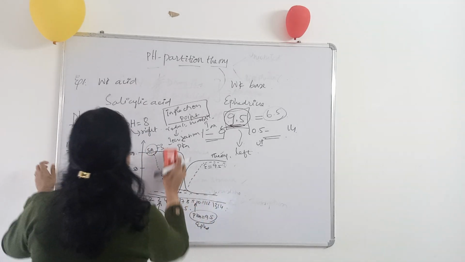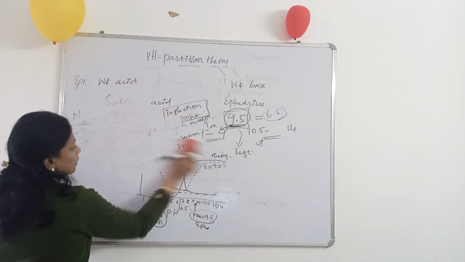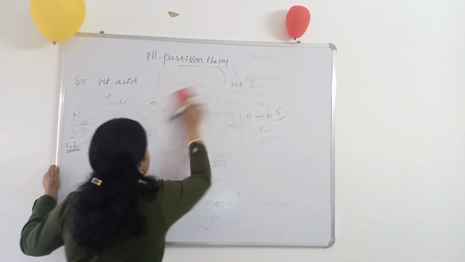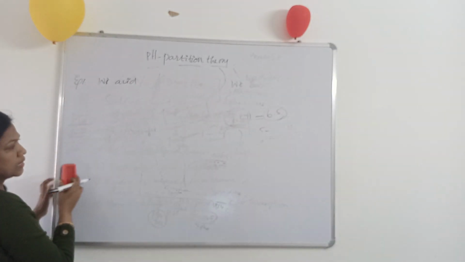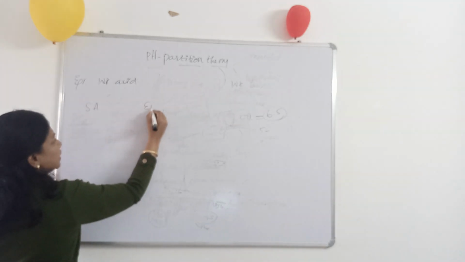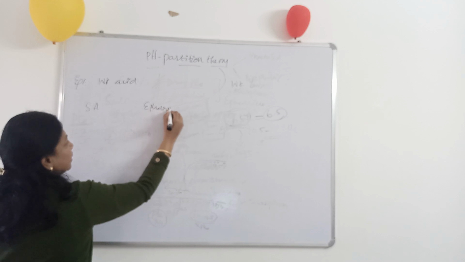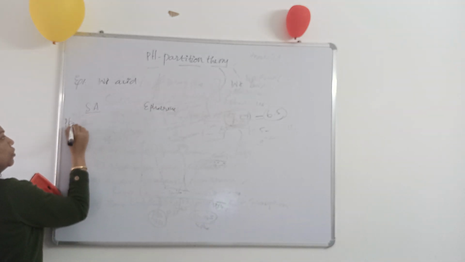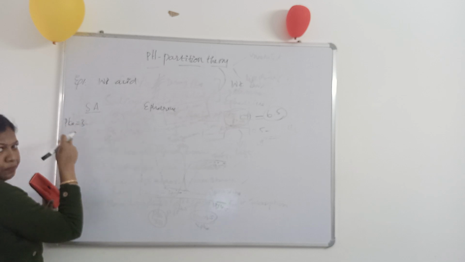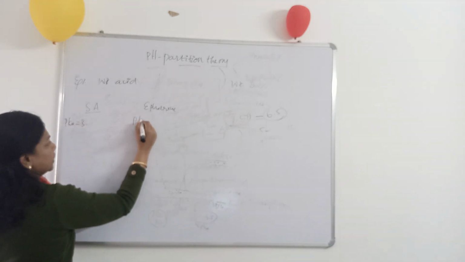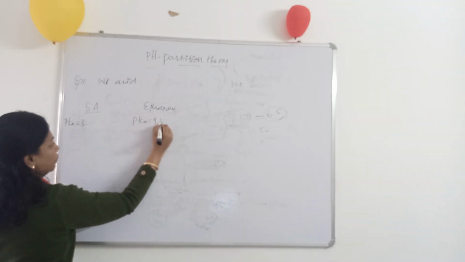So summarizing the theory, we have taken the example of a weak acid and a weak base. For the weak acid we have taken salicylic acid, and for the weak base we have taken ephedrine. Salicylic acid's pKa is about 3. That means the ionization should take place at pH 3, whereas the pKa of ephedrine is 9.5.